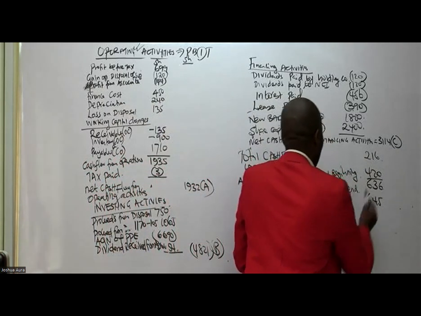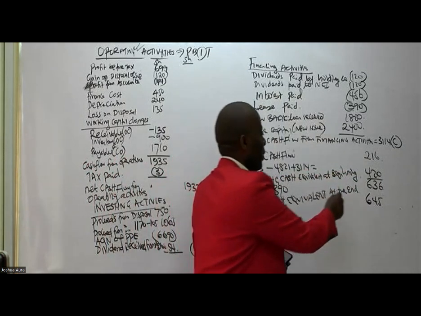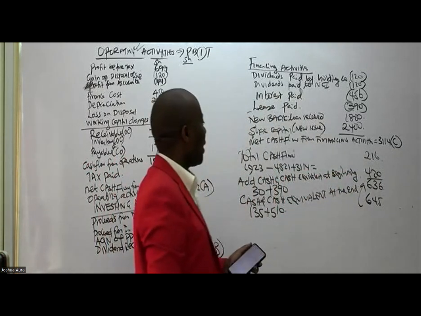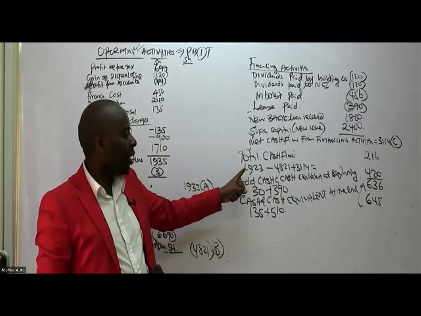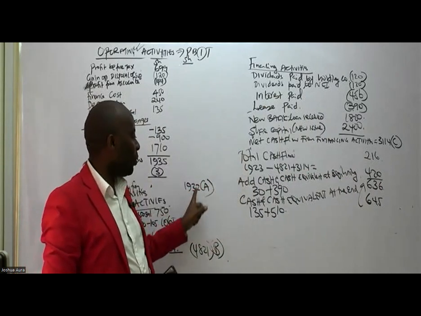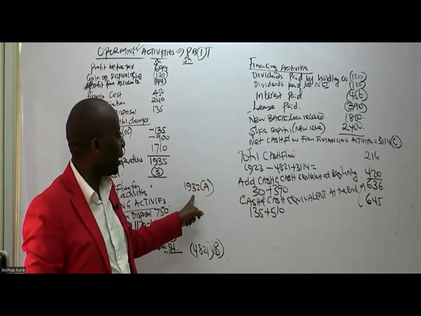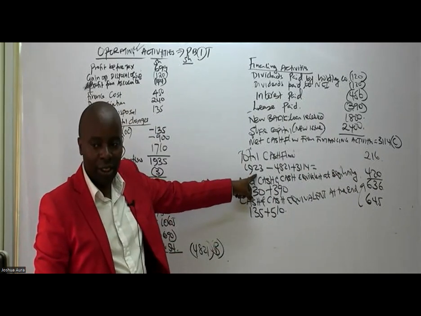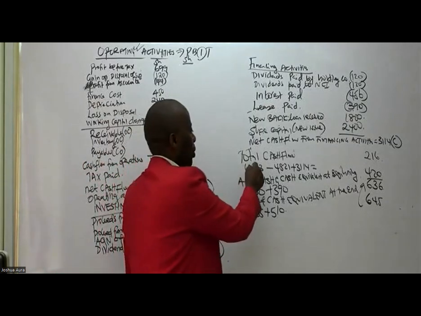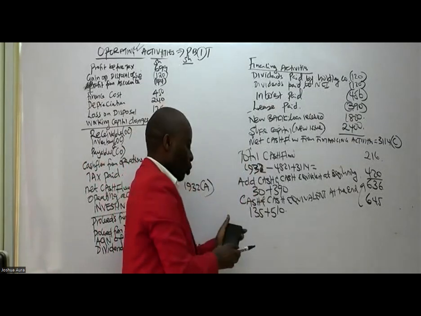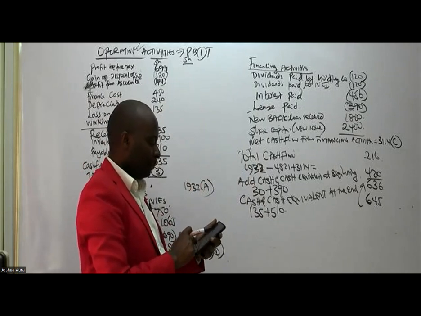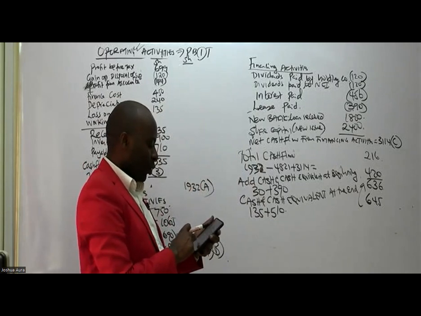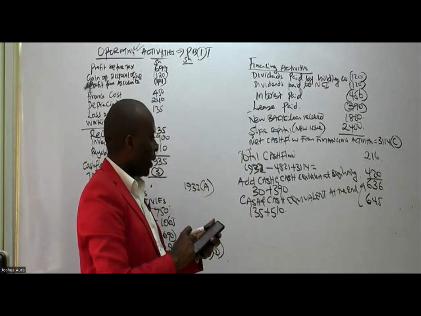Because this figure should tally with this. So please try here. Remember to get total cash flow, what are we doing? We are taking the component A, which is supposed to be 1932. Look at this, I have 1923. It's supposed to be 1932, right?